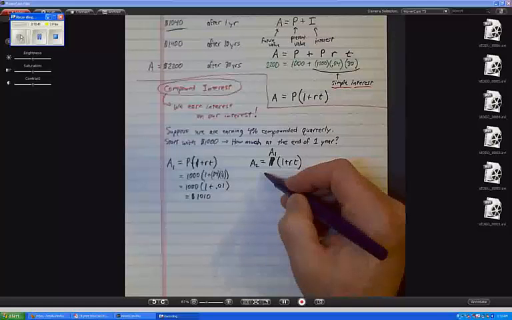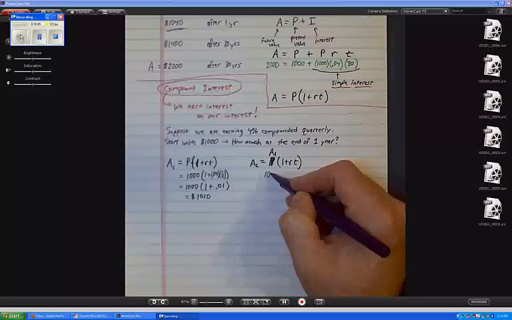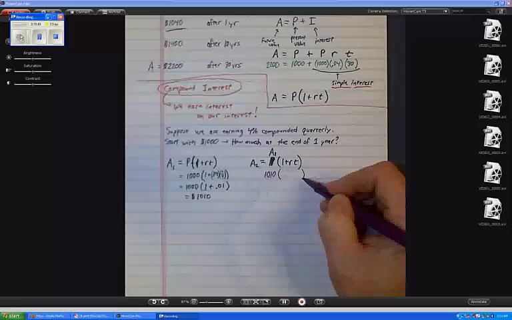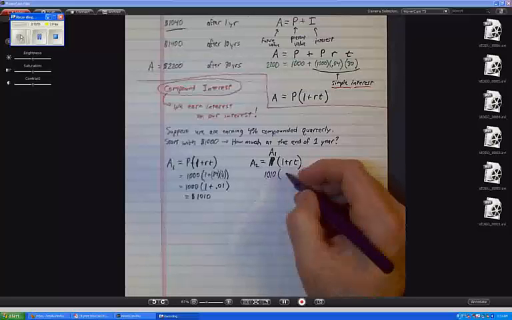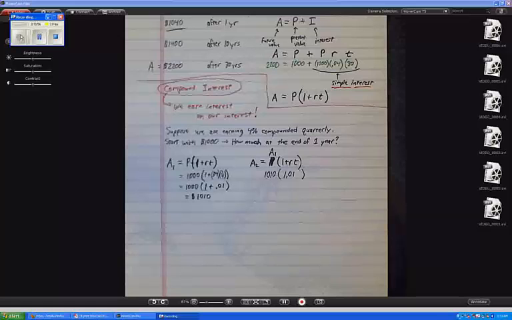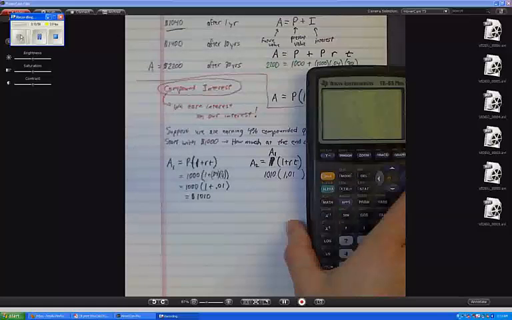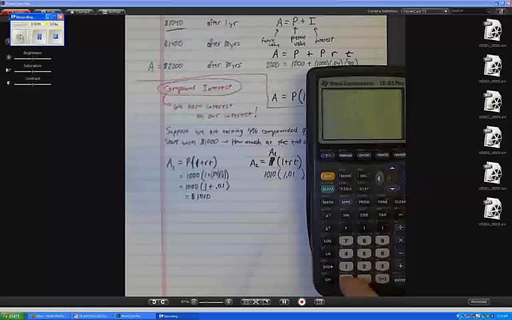We start with 1,010 times, well, none of this changed, right? Times 1.01. It's still 1 plus 0.04 times a quarter. So I'm going to go ahead and type that in the calculator. 1,010 times 1.01.